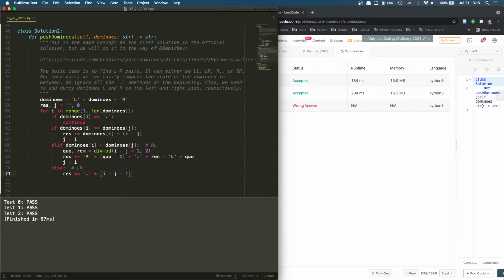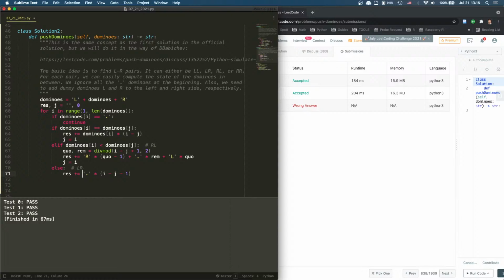Oh, we do not include the current one? That is going to be trouble if we don't include the current one. Because our premise is we always include the current one. So yeah, we have to include the current one.